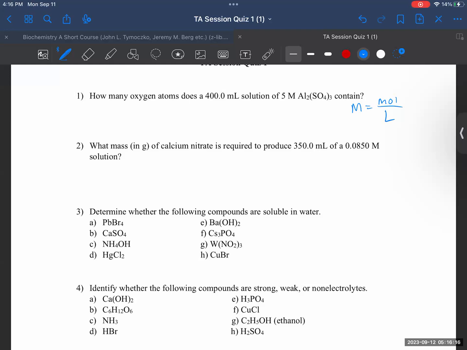And it's asking for the number of oxygen atoms, right? So we should probably eventually get to moles of oxygen atoms. And if we know the moles of oxygen atoms, then using a special number called Avogadro's number, we can find the number of oxygen atoms. But how do we find moles of oxygen atoms to begin with?